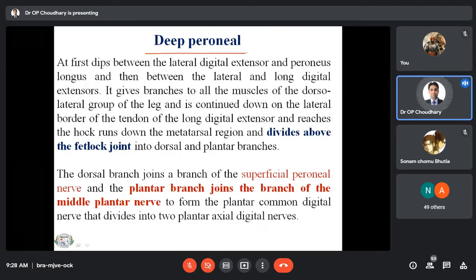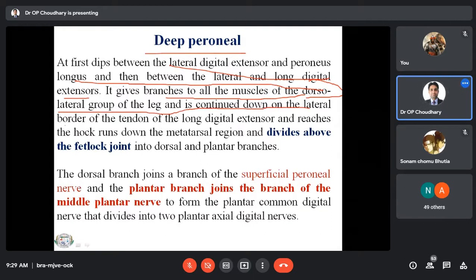The deep peroneal nerve is also part of the peroneal nerve, and it usually dips in between the lateral distal extensor, and after the lateral distal extensor, then peroneus longus, and then between the lateral and long distal extensor muscles. It gives branches to innervate all the muscles, usually of the dorsolateral group of the leg, and continues on the lateral border of the tendon of the long distal extensor and reaches the hock region.